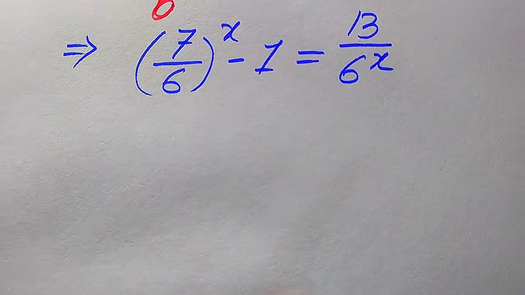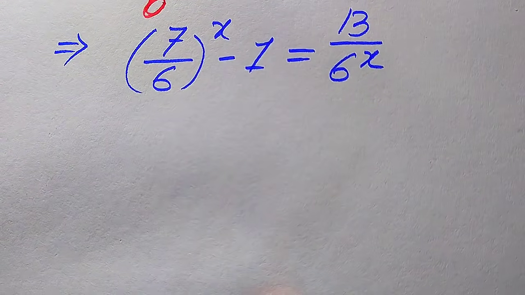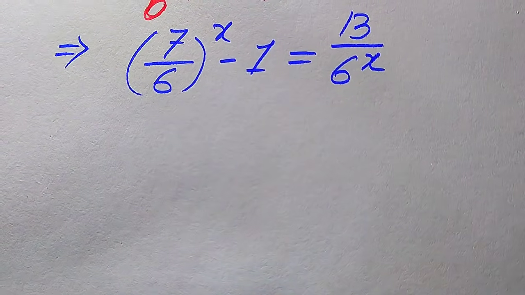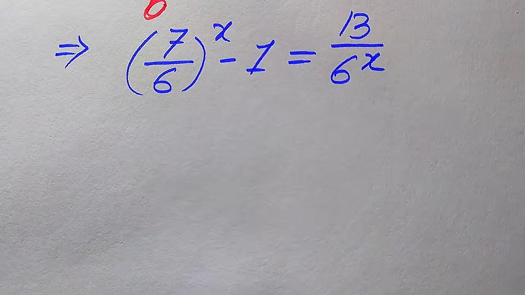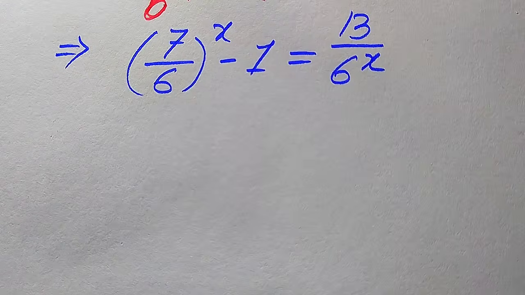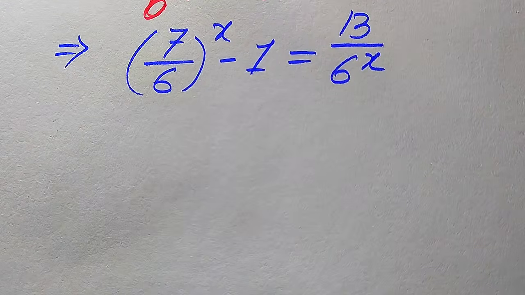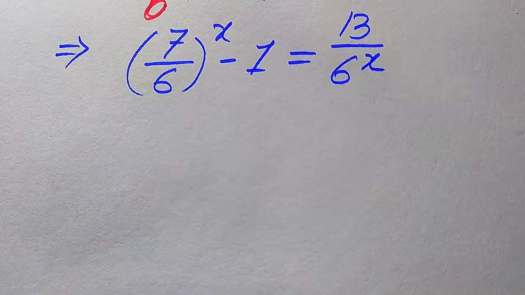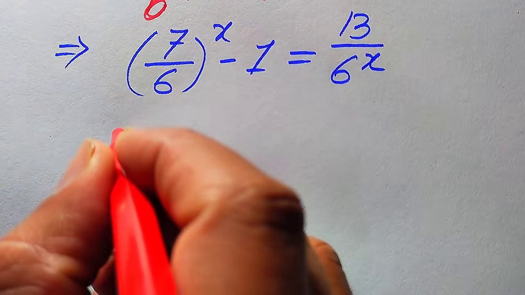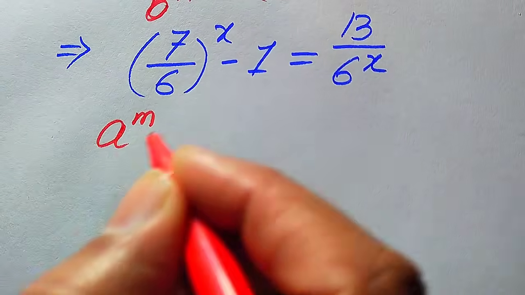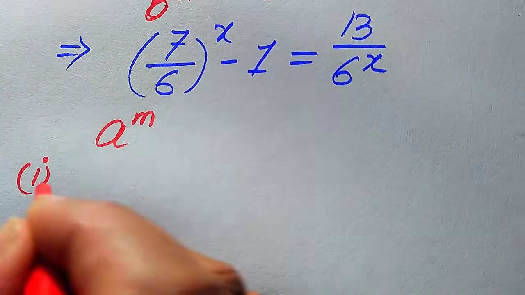So to move further, we first explain a nice fact related to the exponential function, which is very helpful to solve this type of question. You know that if we have an exponential function a to the power of m, there are two possibilities.